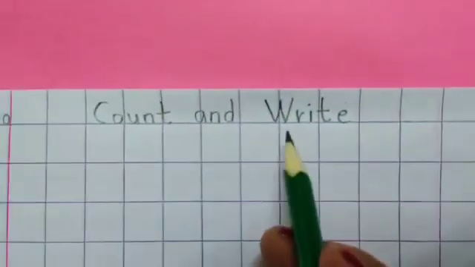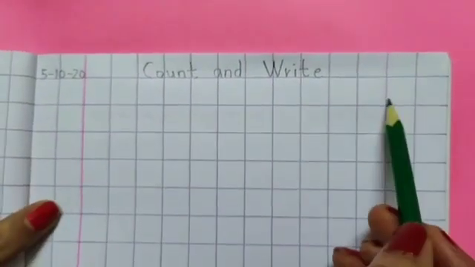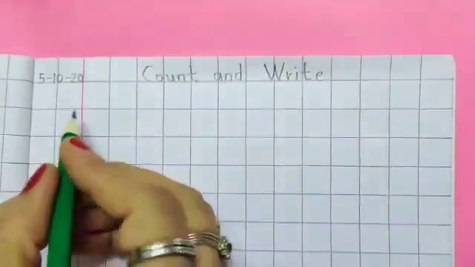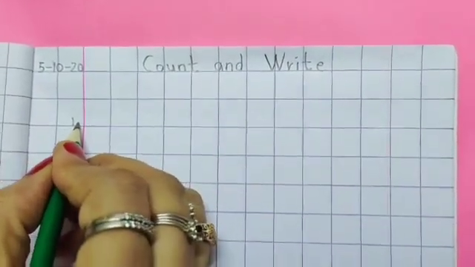Count and write. We leave a line of empty squares and then we'll write number 1 in the margin.